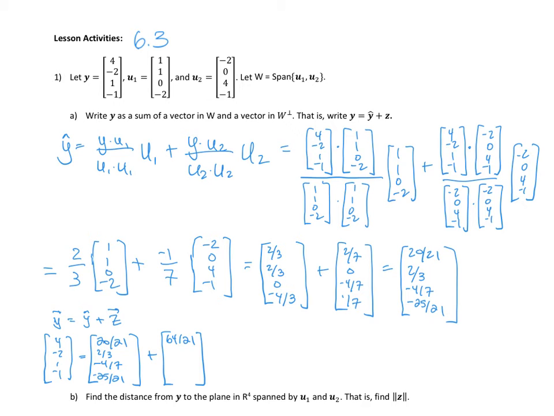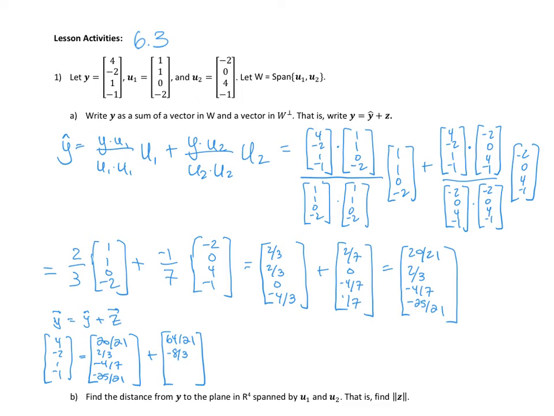And what do I add to 2/3 to make -2? I need to do -2 minus 2/3, and I get -8/3. And what do I add to -4/7 to get 1?